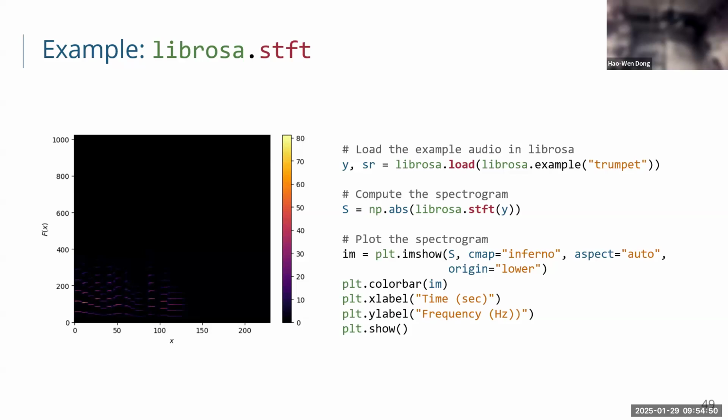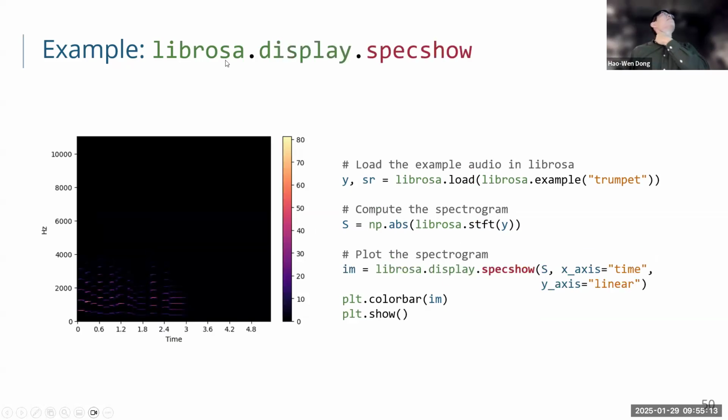You have to do np.abs because STFT, or Fourier transform, gives a complex output, so you have to compute the magnitude only. And then here are just a bunch of matplotlib calls. If you look at this, it doesn't show up nicely, and you have to write a lot of code. But Librosa has librosa.display.specshow that does everything for you. You don't need to write a lot.